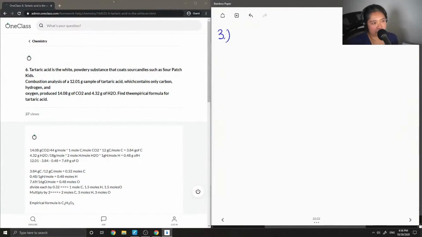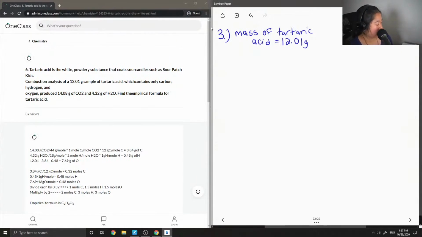Okay, so this is one of those multi-step questions. So first I'm just going to write down the mass of tartaric acid that we started with. This is given in the question. It was 12.01 grams.